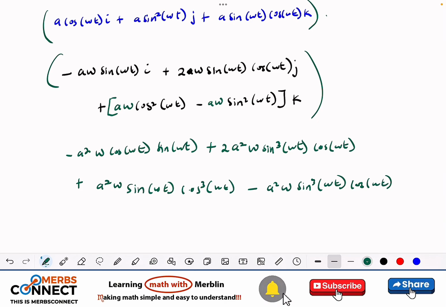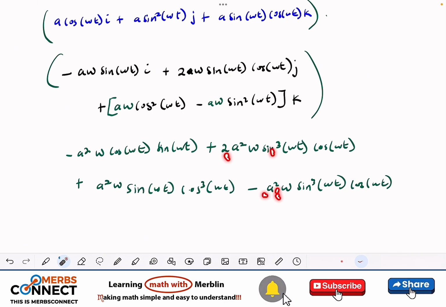Let's see if we can do some considerations here. Let's see what is happening. Can we cancel? I can see sine this and that and that and that and that. But this is 2 and this is 1.